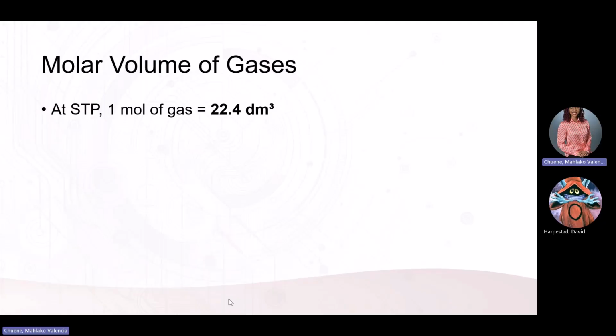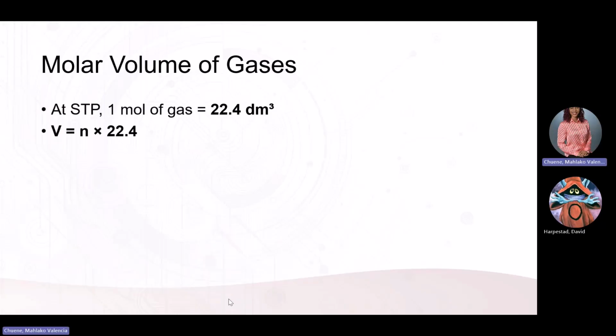This value here is a known variable. So when you are given a question and they say you need to calculate something at standard temperature and pressure, you will know that that volume does not change. It is 22.4 decimeters cubed. All right, so that is the volume that we have.